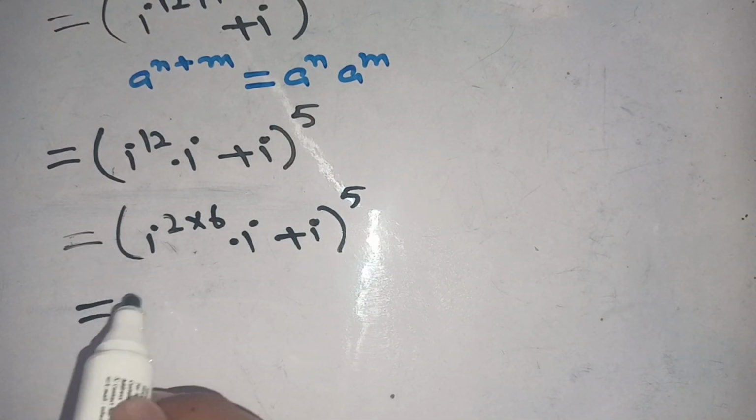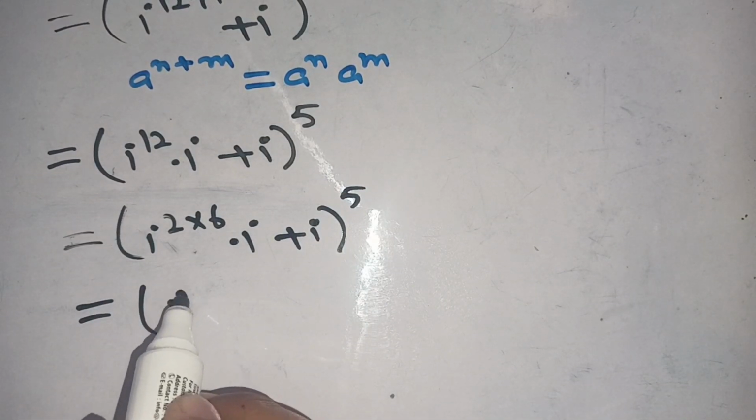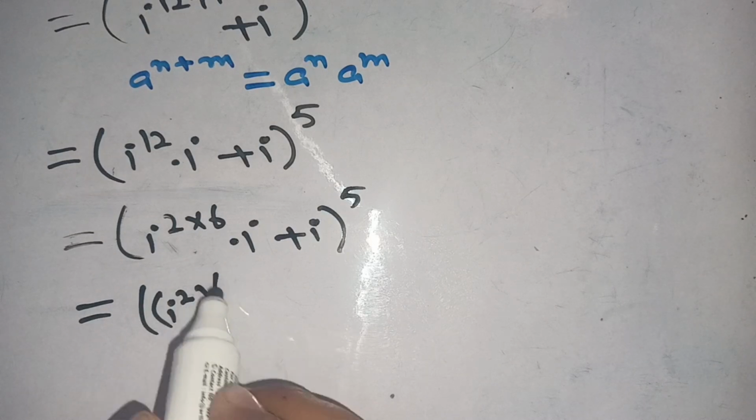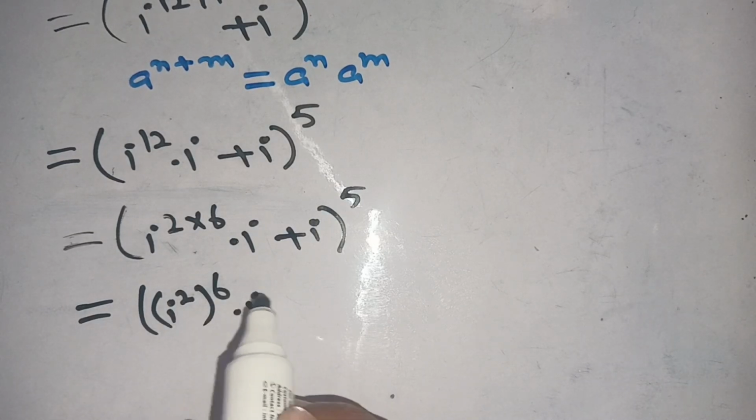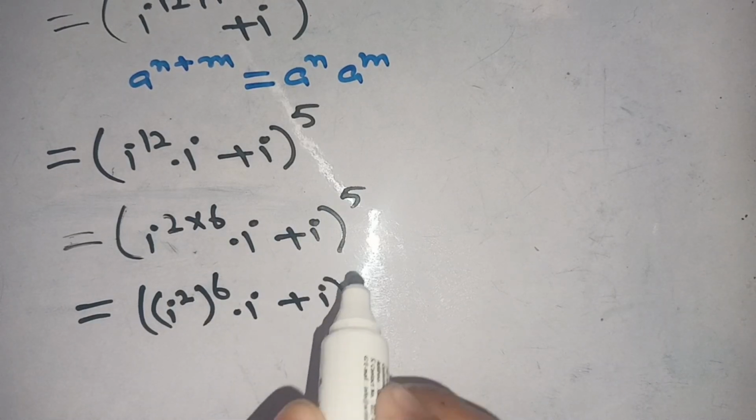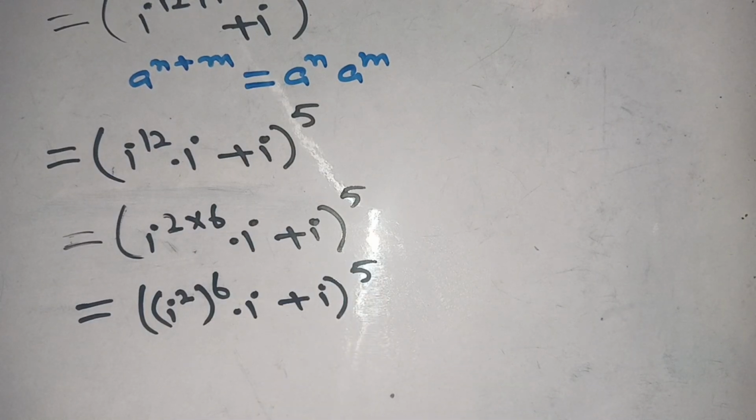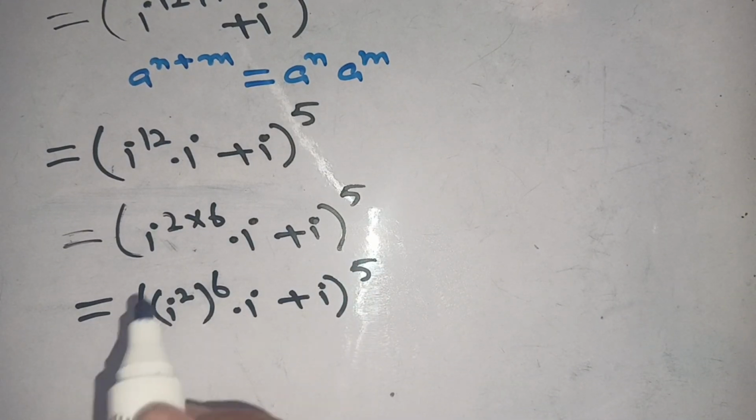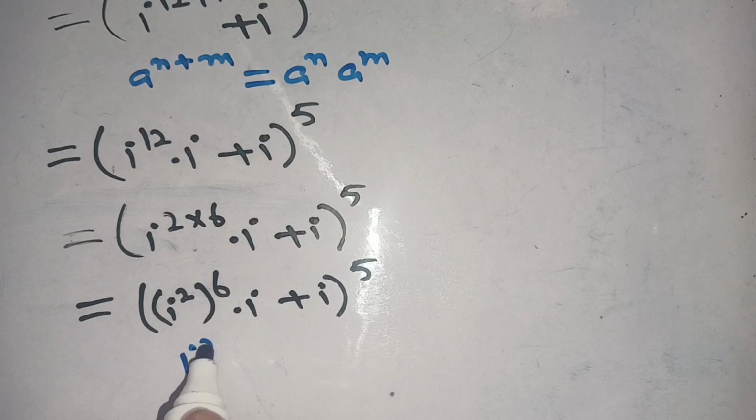Now our next step will become (iota power 2) whole power 6 times iota, plus iota, whole power 5. Before moving to the next step, we know that iota power 2 is equal to minus 1.